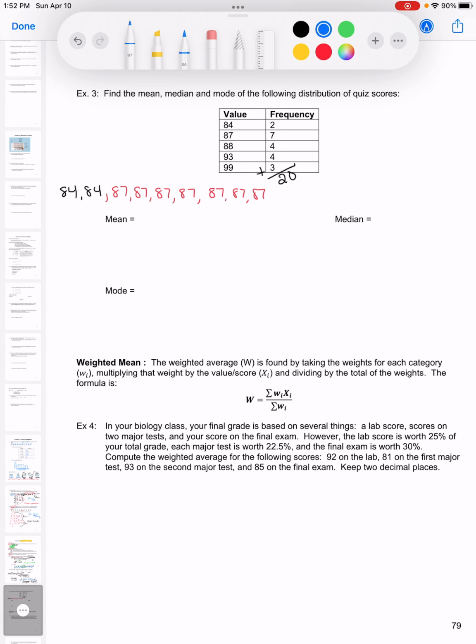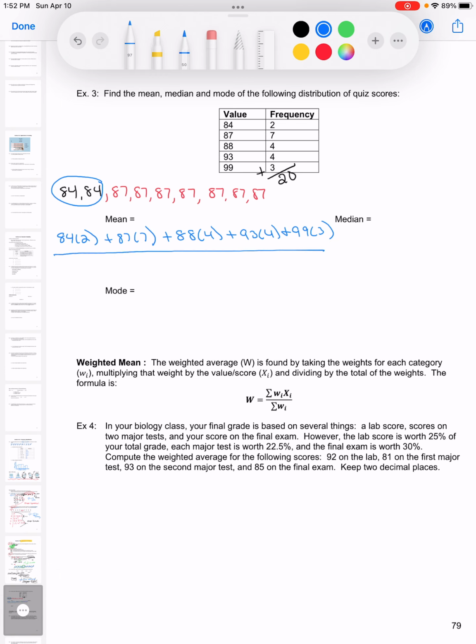For the mean, we're going to multiply the value times the frequency. So 84 times 2, because there are 2 of those. And instead of having to type in 87 plus 87 plus 87 plus 87 7 times, I would say 87 times 7, and then 88 times 4, and then 93 times 4, and then 99 times 3.